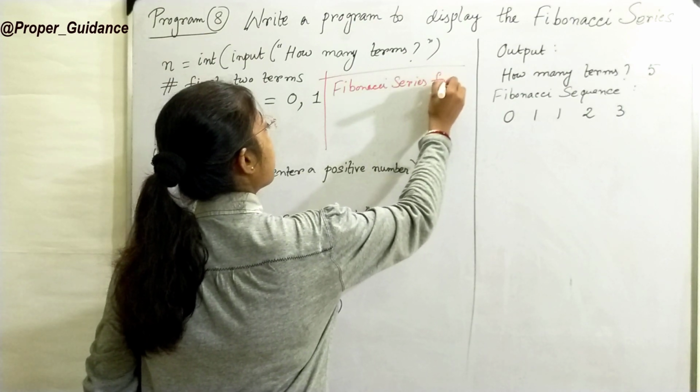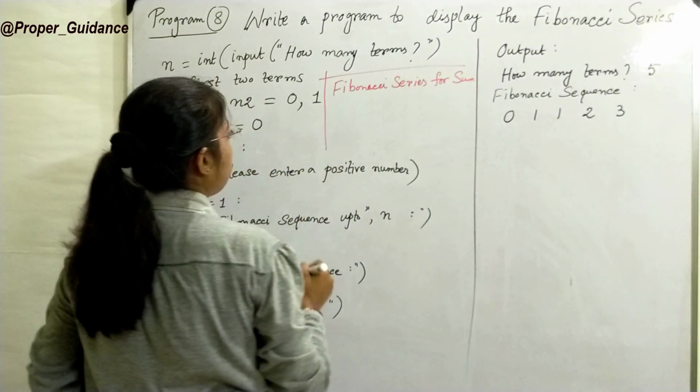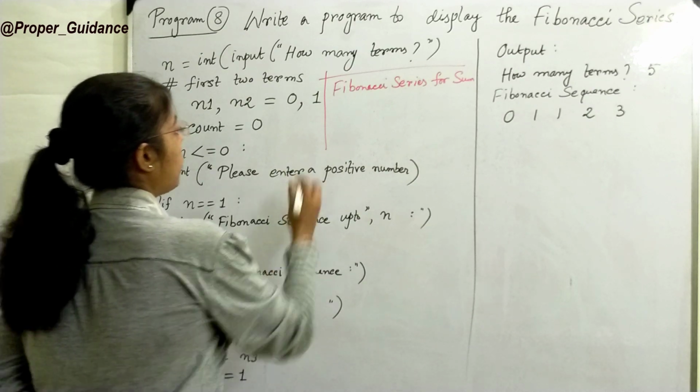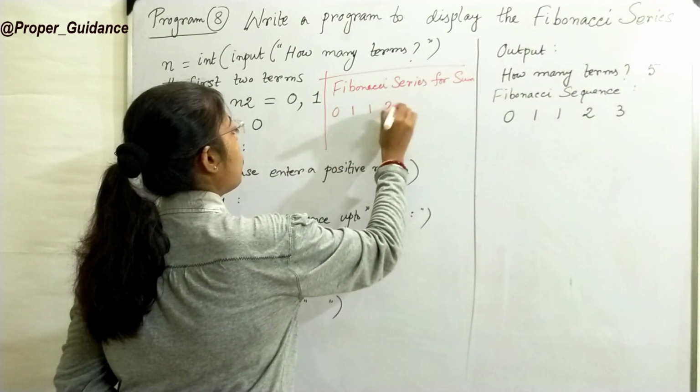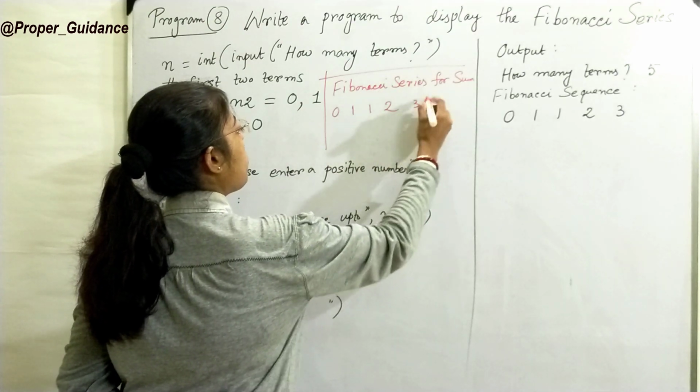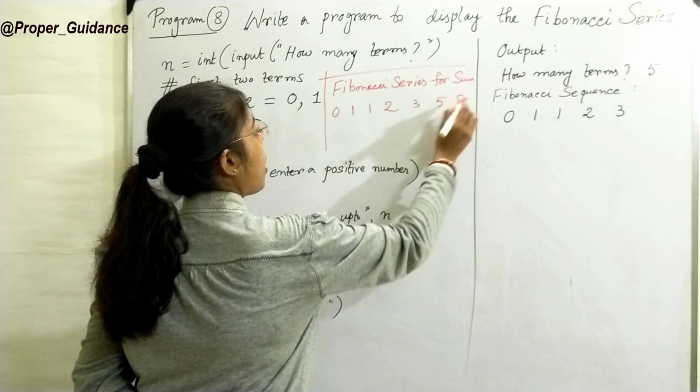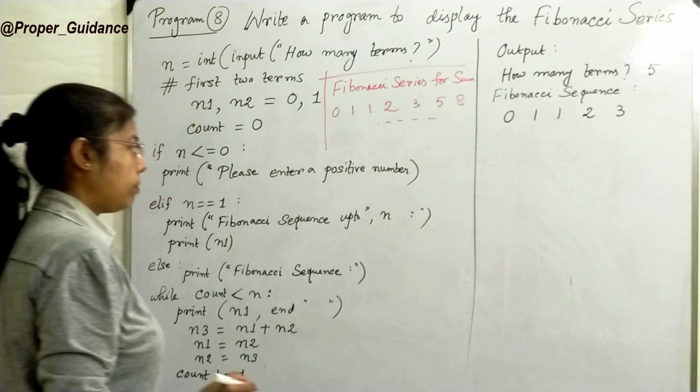The Fibonacci series for sum. The series is like that: 0, 1, 1, 1 plus 1, 2, 1 plus 2, 3, 2 plus 3, 5, 5 plus 3, 8, and so on.